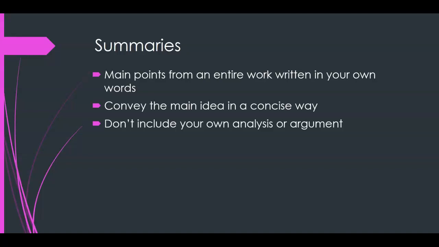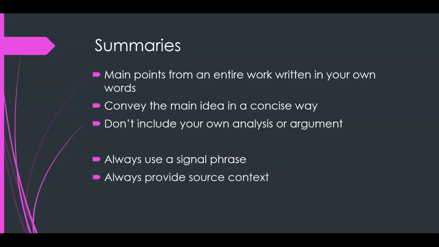And you don't include your own analysis or argument. You're just focused on the author's ideas for this one. You should always use a signal phrase with a summary as well, because you're introducing the author and the source. If you're going to summarize an entire article, we need to know what article it was. And then you should always provide context for that source so that we understand why it might be summarized.